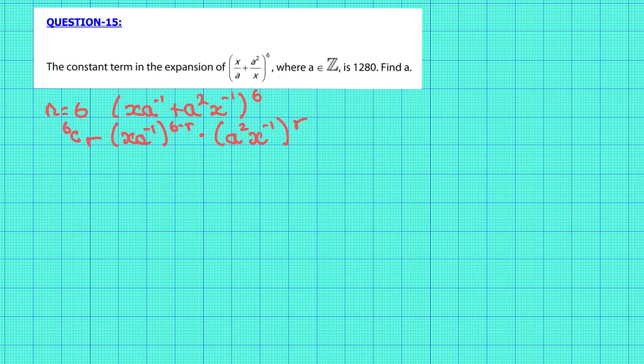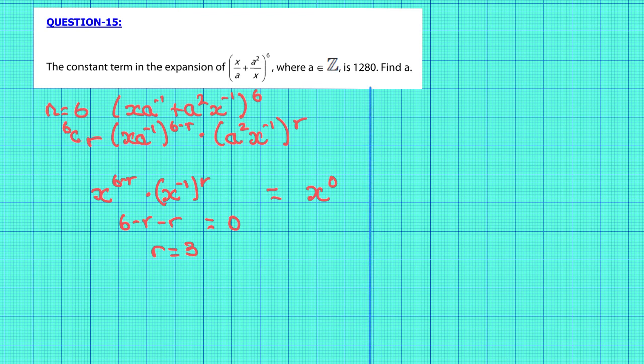Taking out those that give you an x component, you get x to the 6 minus r times x to the minus 1, r, and that has got to equal x to the 0. So 6 minus r equals 0, r equals 3.